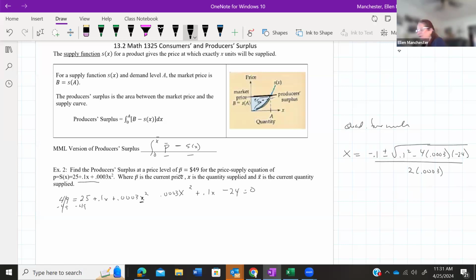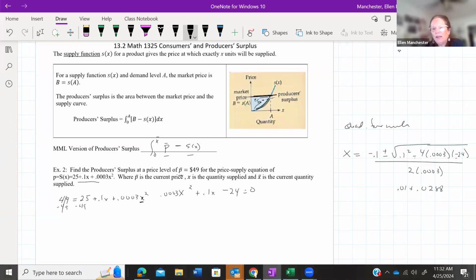Okay, so go ahead, use your calculator on this one. Okay, so again, the reason why I know this is plus is because I have two negatives.